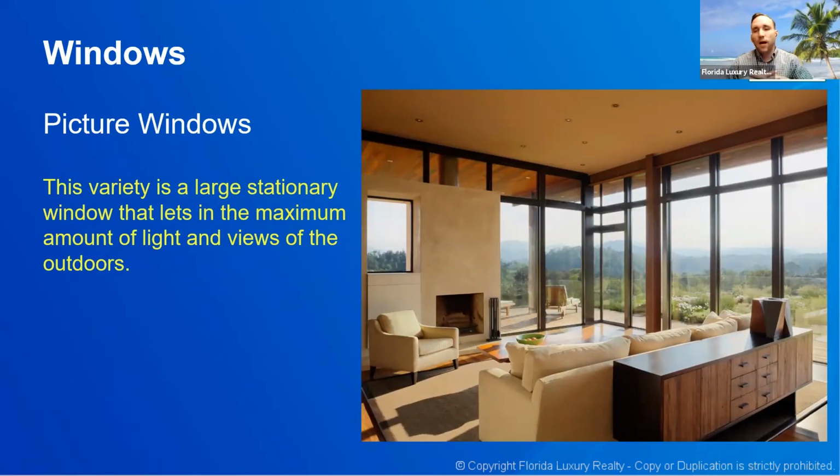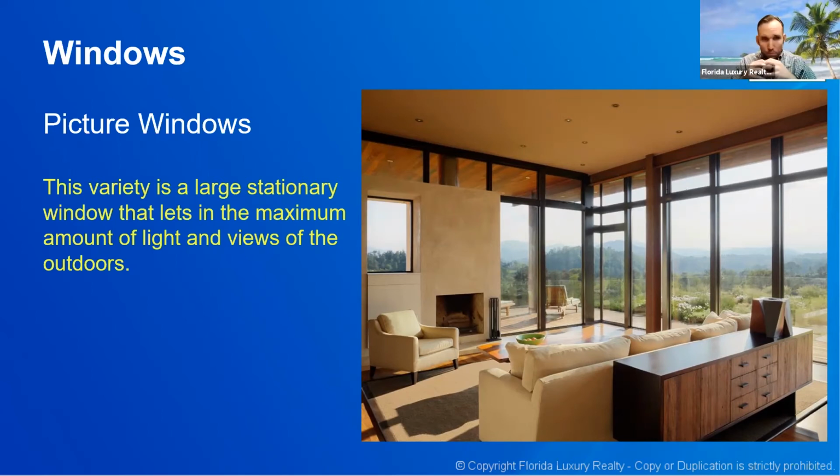Now, we see this a lot in waterfront homes and things like that. You have these large stationary windows that are going to let in the most amount of light, but they don't open. So typically these windows are going to be treated with some kind of film or some kind of UV blocker that keeps all of the heat from that light from coming in without impacting the view out.